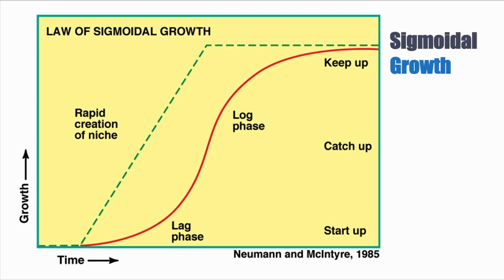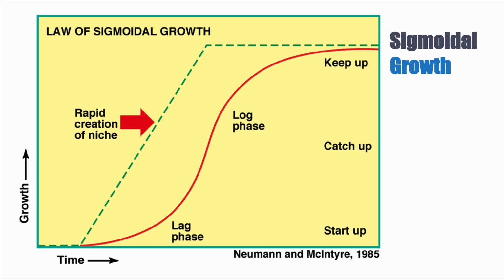But because carbonates are living organisms, let's look a little bit at their response, and let's try to understand the ecology of carbonates and how it impacts the sequence stratigraphic response of carbonates. So this is here an important diagram for your understanding of the sequence stratigraphic response of carbonates to base level change. It's known as the law of sigmoid growth, and what it represents is the creation of an ecological niche, which is the dashed green line here.